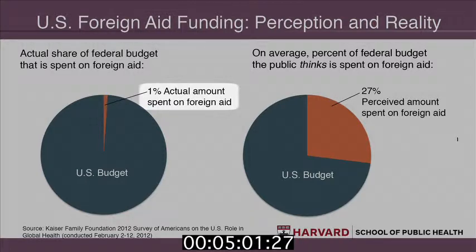Remember earlier I said that less than 1% was spent on health aid. On the right-hand side, when Americans are asked how much the country spends on foreign aid, they answer 27% of the U.S. budget. A huge difference in perceptions. Americans think they are much more generous in terms of their foreign aid budget than they actually are in fact.